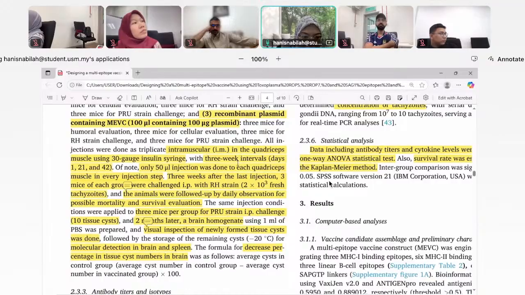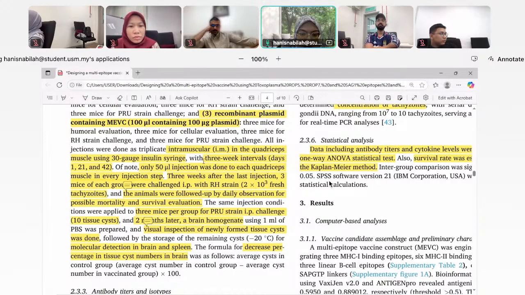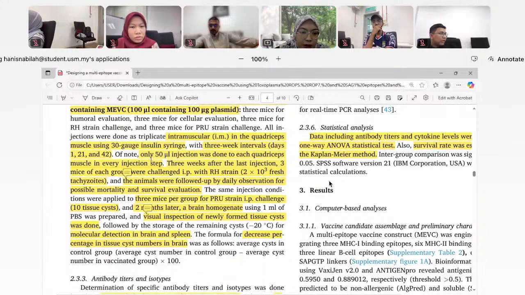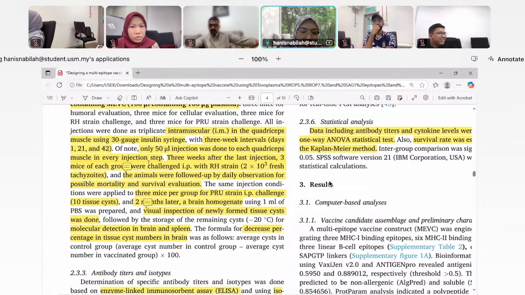Then they inject it with 3-week intervals, on day 1, 21 and 42. Because the volume of the injection is 100 microliter, they separate it into 50 microliter injections for each leg, the leg muscle.